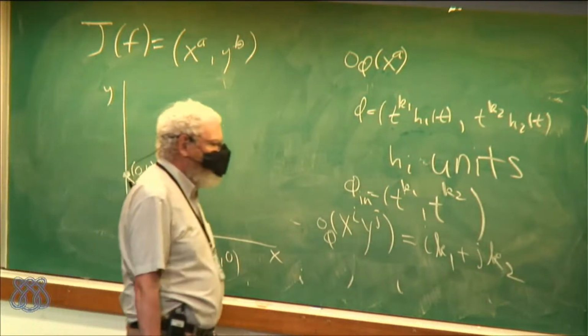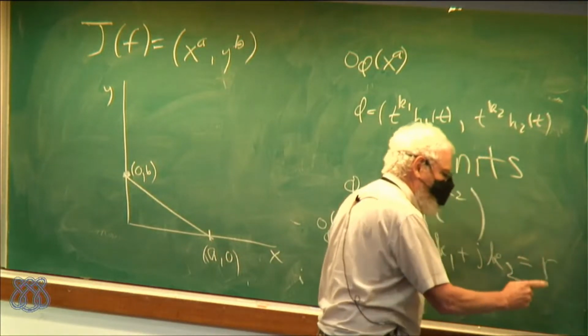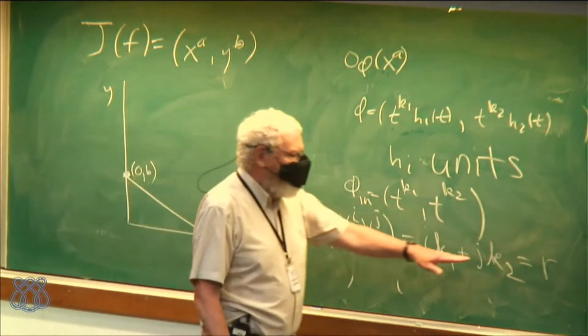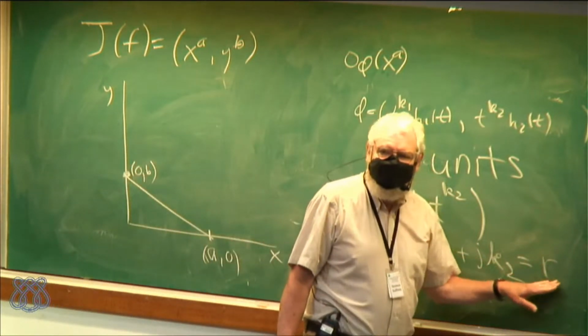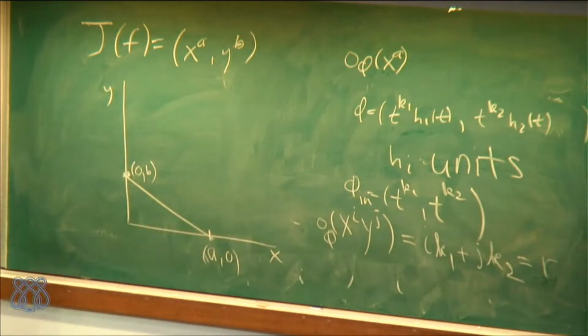So what kind of sets do I get if I set this equal to some r? These would be all the possible values. So what monomials are going to have the same order? Well, obviously they all lie on a line, right?